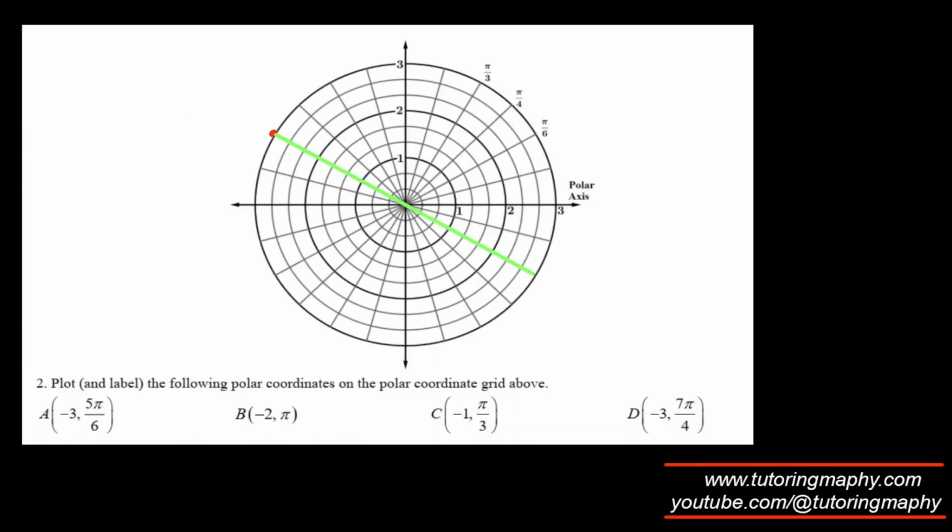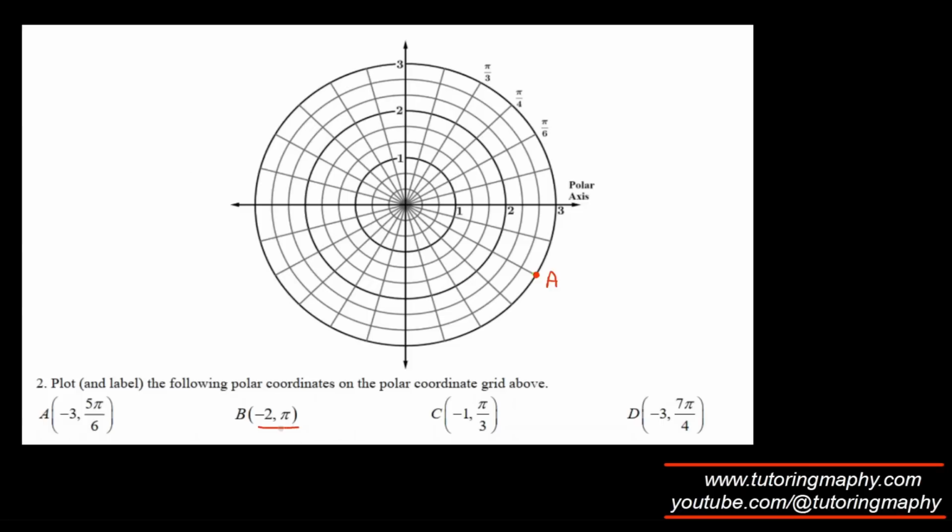What is the opposite end across the green line of this red point? Of course, that is this point over here. So this point is A. This is the required point for us. So we plot the point with positive r and then just move it straight across 180 degrees.